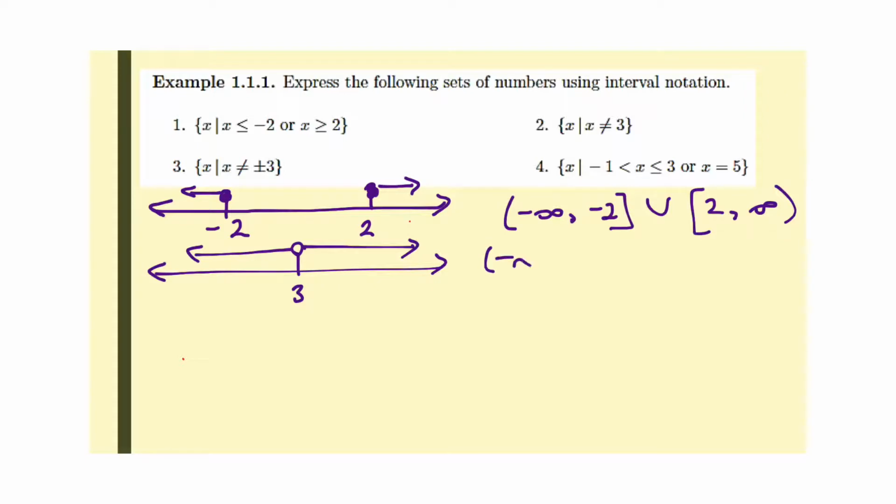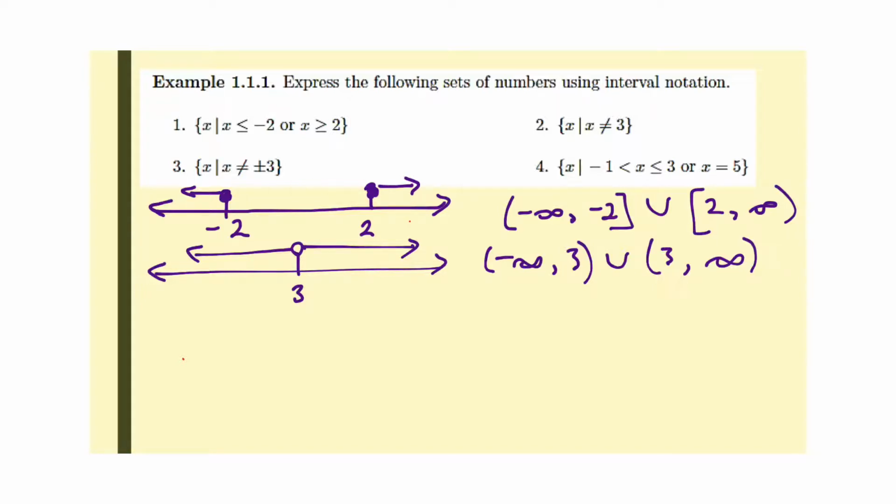That's negative infinity to 3, this time round bracket, union 3 to infinity, round bracket: two pieces with a hole in the middle. That's why these two numbers are the same here, because it's just a hole. It's not really a big gap like this.